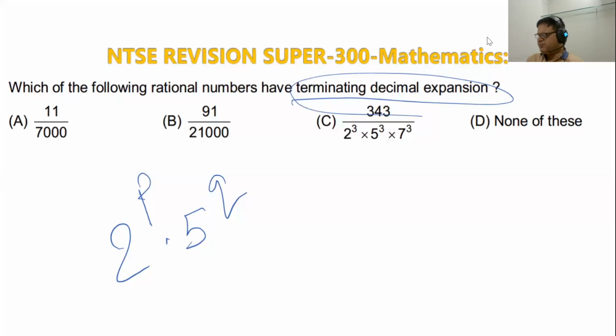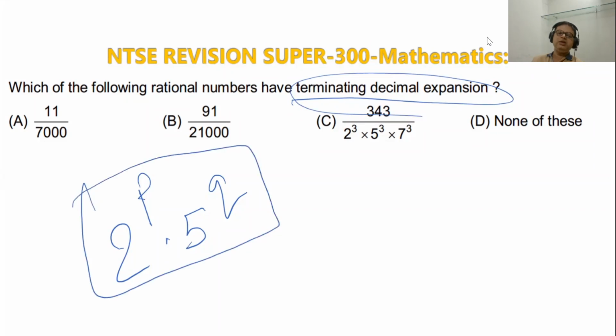After it becomes very boring, I know, but that part says that a rational number whose denominator is of the form 2 raised to the power p multiplied by 5 raised to the power q, where p and q are natural numbers, will have a terminating decimal expansion. Negative numbers make no sense, because that will come into the numerator and it will multiply. Now the question asks which of the following rational numbers have terminating decimal expansion.